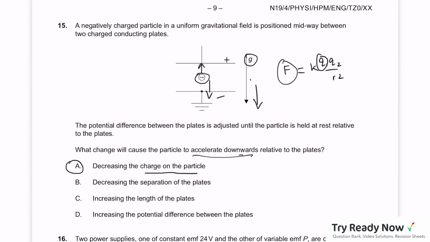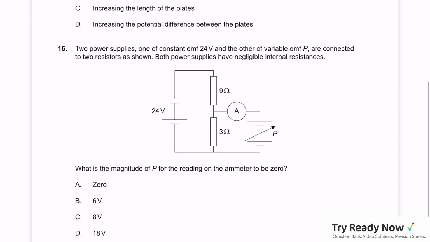Now moving on to question 16, we are asked to find the magnitude of P for the reading of the ammeter to be 0. So we want the current here to be 0. This entire circuit, if we ignore this section, is actually just a voltage divider. We have a 24 volt battery and 2 resistors, 9 and 3 ohms.